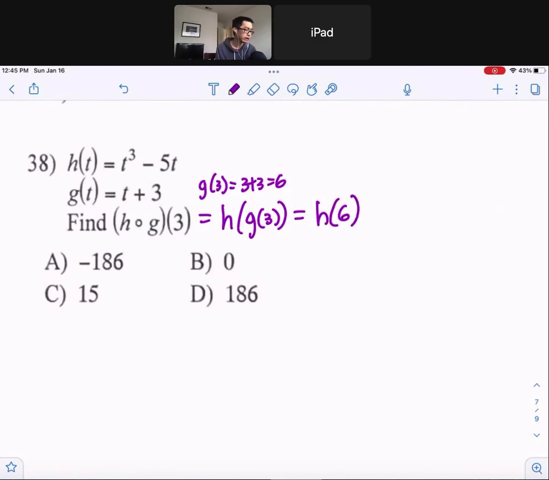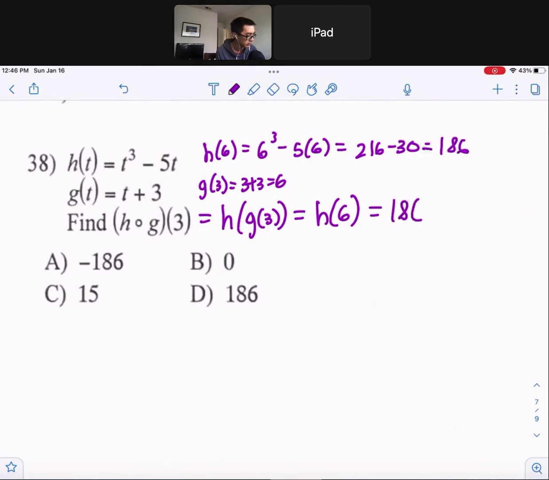Now plug 6 into your h function. So h of 6 is equal to 6 to the third minus 5 times 6. 6 times 6 times 6 is 216, minus 5 times 6, which is minus 30. 216 minus 30 is 186. And that is our answer, D.